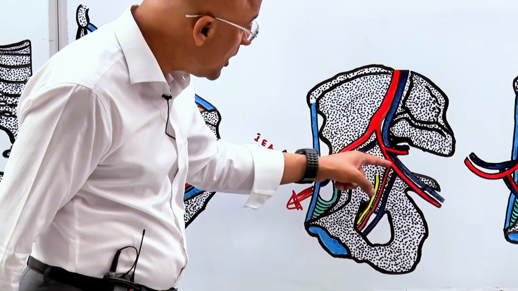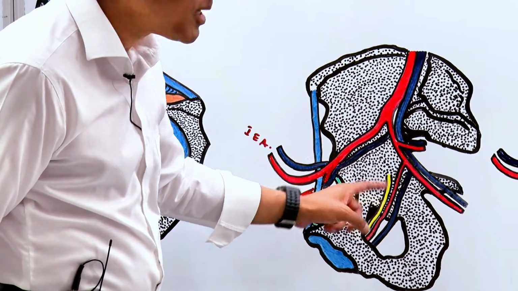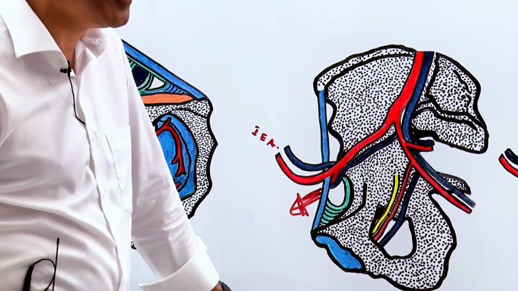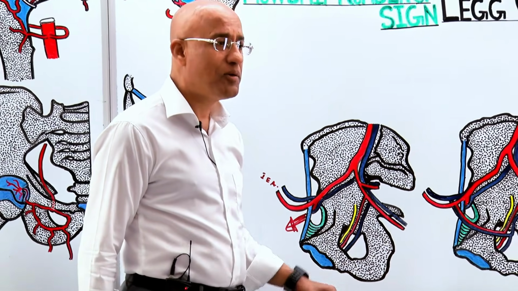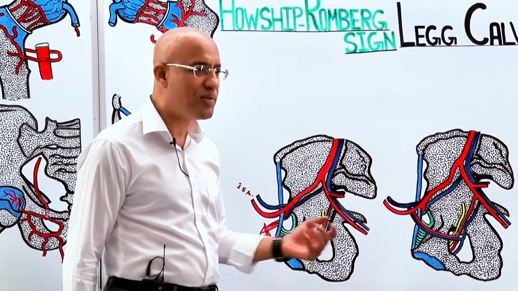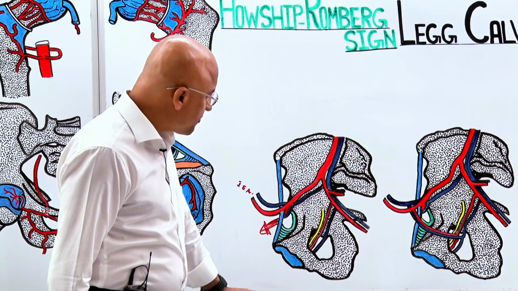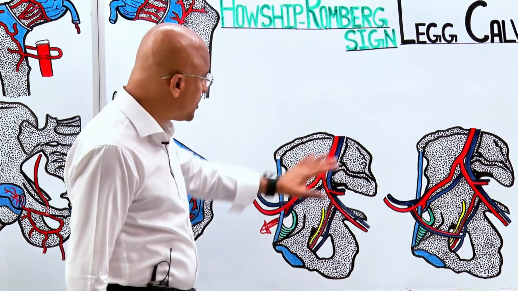So only from the anterior division of internal iliac. So this is the classical or typical, so-called normal, right? Or some authors say don't call it normal, just call it the most common variant. Anyway, for our purpose, we will call it typical origin, right? So this is what we see.